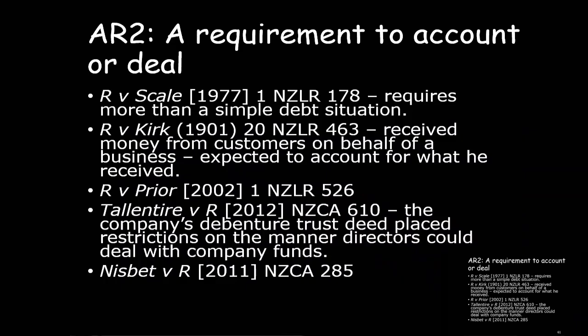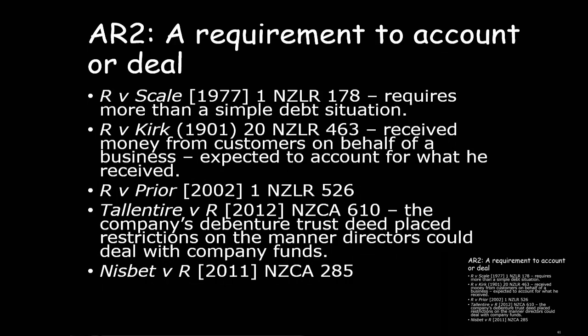In terms of a requirement to account, this is a question of law, not a question of fact, right? So this is something that the judge must determine. And what is an obligation to account is a little bit vague, but in a general sense, what they are looking for is an earmarking.